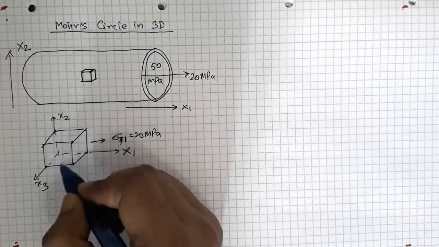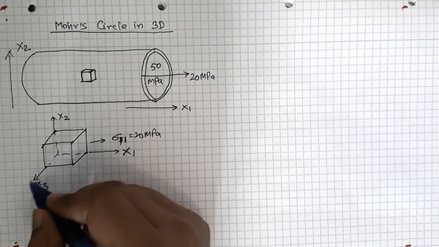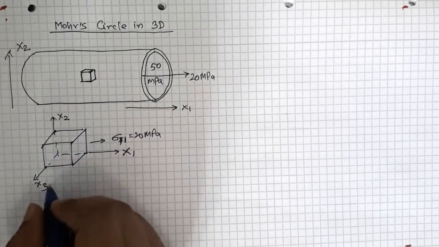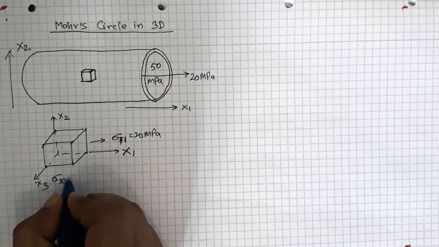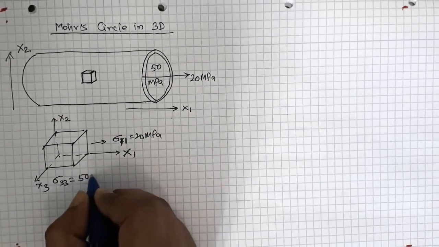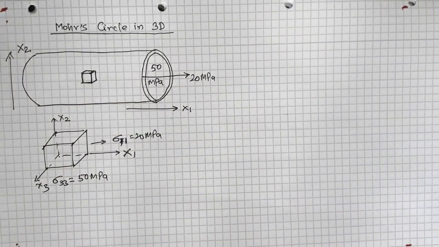I have no stress in the x2 direction. I have a stress in the x3 direction because of the internal pressure, and that is sigma 33 equal to 50 megapascal, okay. And you see there are no shear stresses, right?